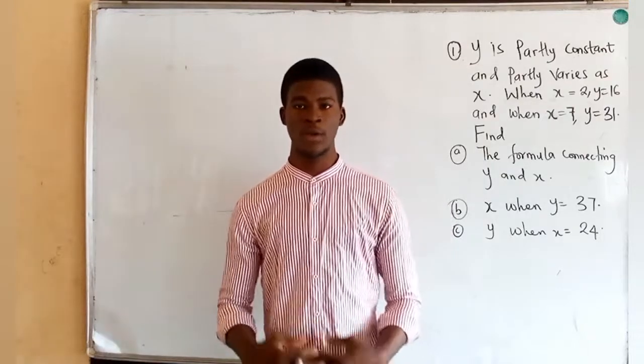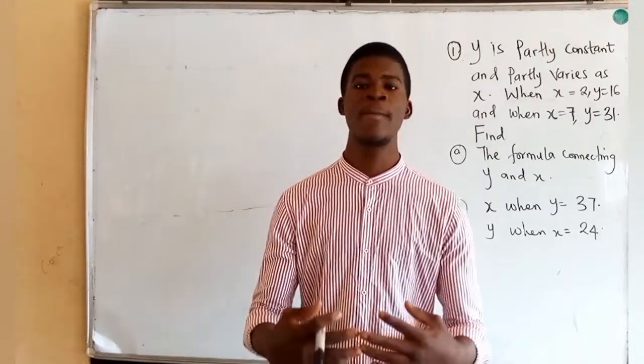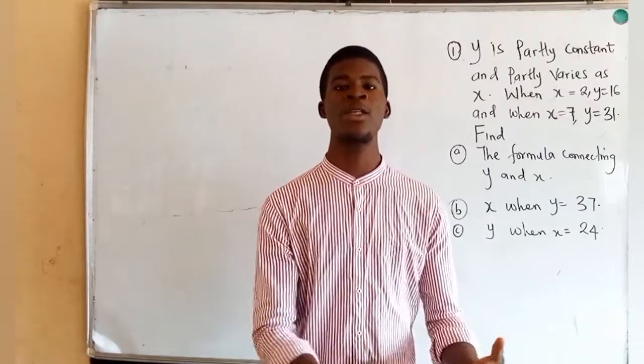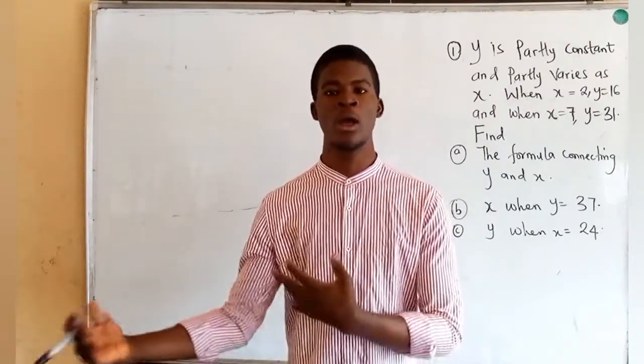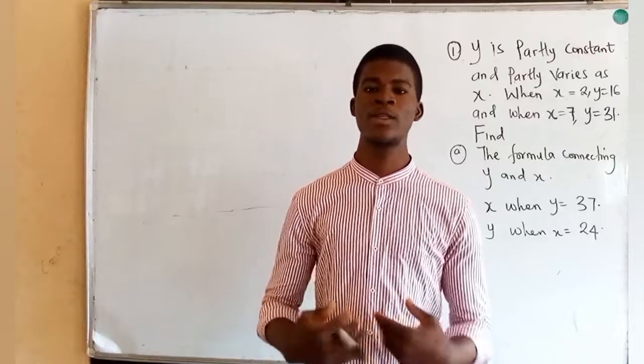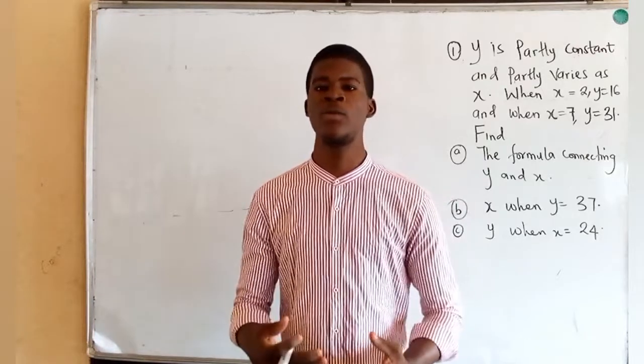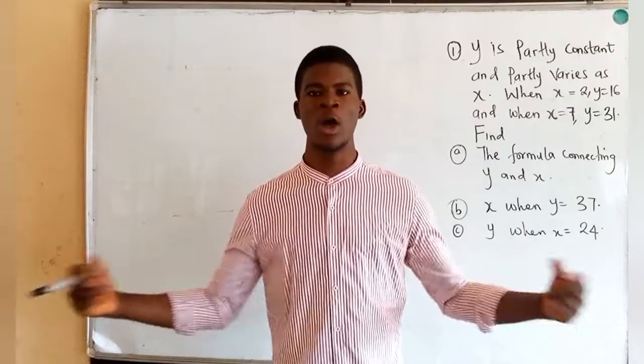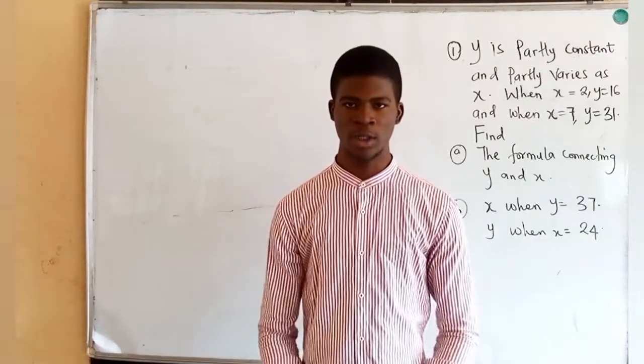So the cost depends on both the service charge and the quantity of units consumed. So this is what partial variation talks about: one quantity depends partly on two other given quantities.